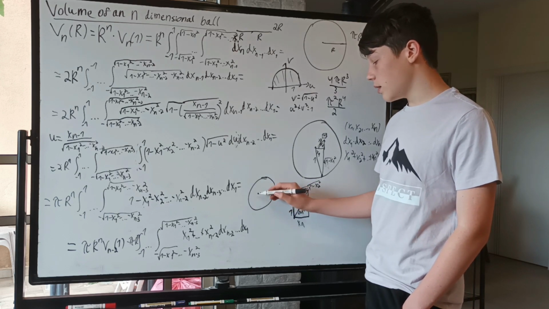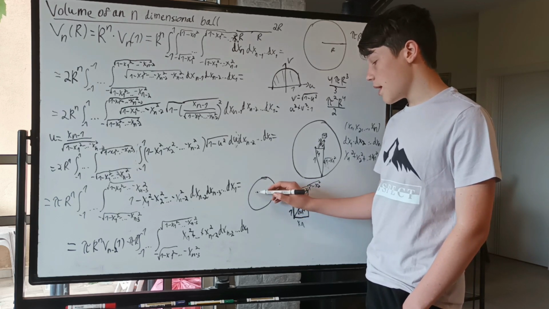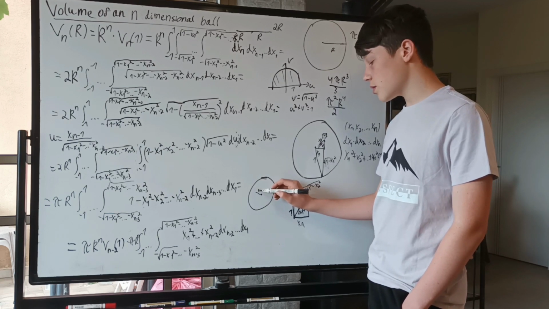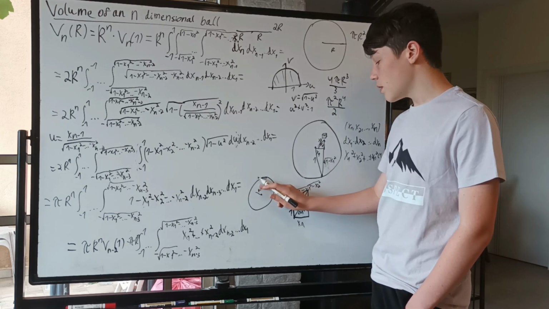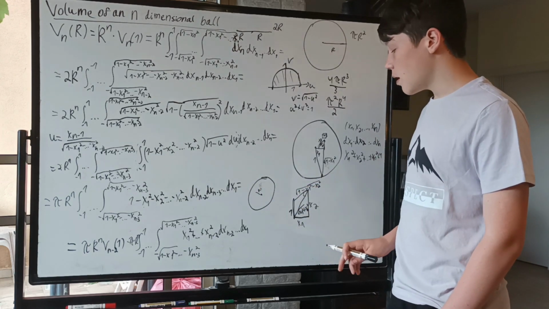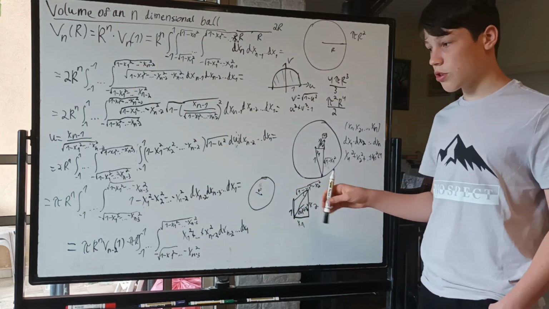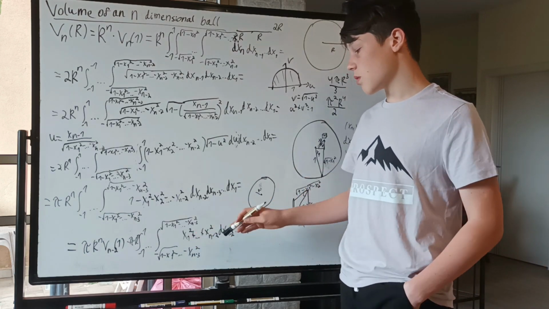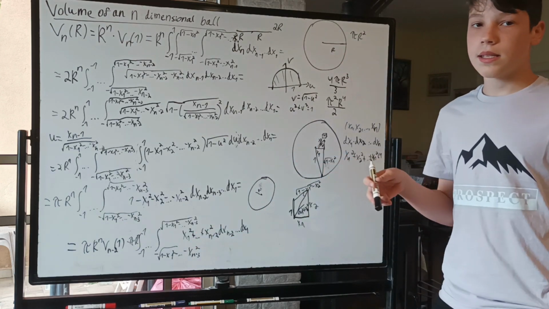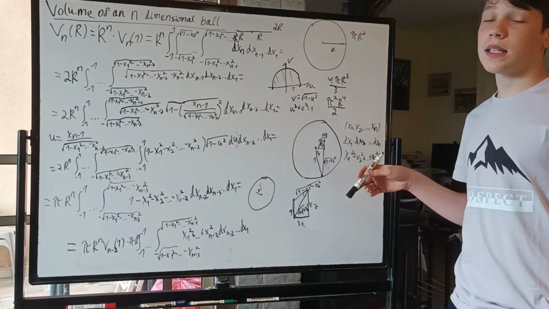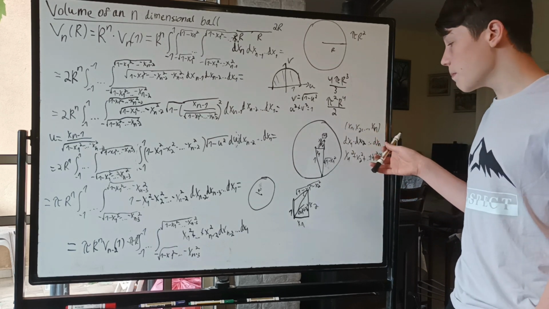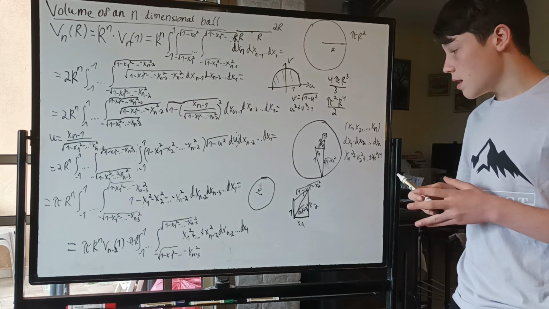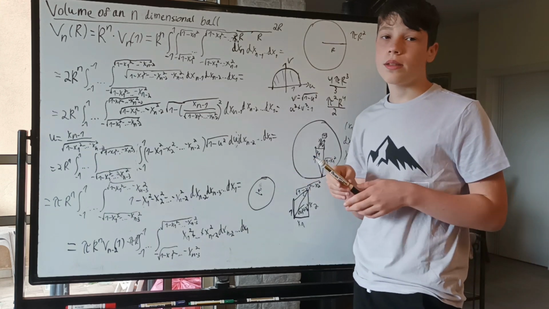We're basically saying look at any point and evaluate the radius squared. So basically not the radius but the distance from the origin squared, because it's x1 squared up until x_{n-2} squared. That's exactly the distance from the origin squared. We're saying evaluate that and then average over all points.